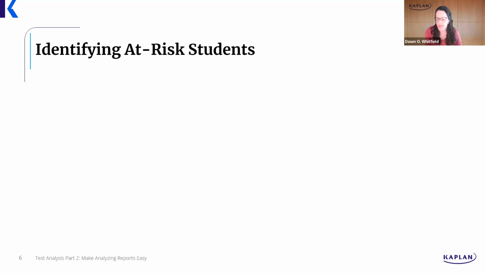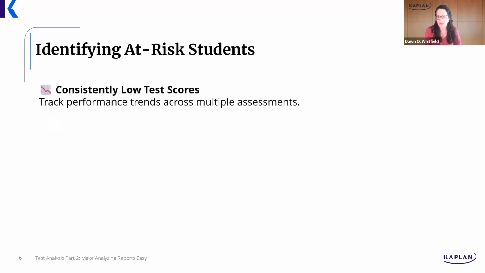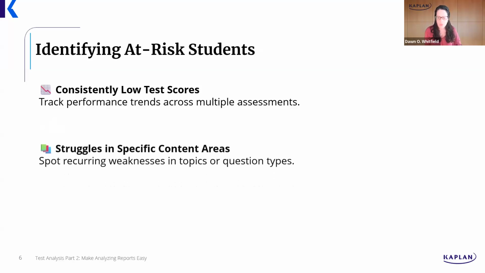So let's think about how to identify at-risk students. Consistently low test scores. When a student repeatedly underperforms across assessments, that's a strong indicator of academic risk. We need to examine whether it's a content issue, a test-taking challenge, or something external. How about struggles in specific content areas?